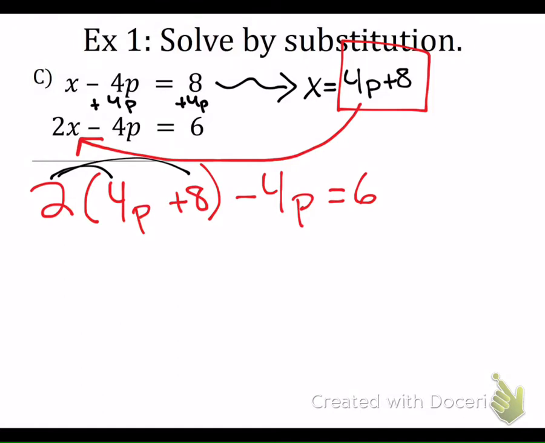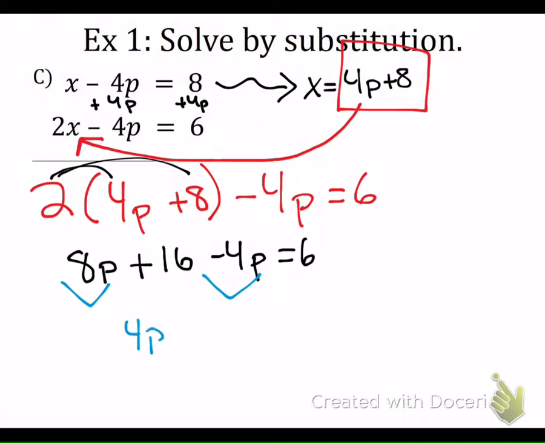All right, 2 times 4p is 8p plus 16 minus 4p equals 6. 8p minus 4p is 4p plus 16 equals 6. Subtract the 16.